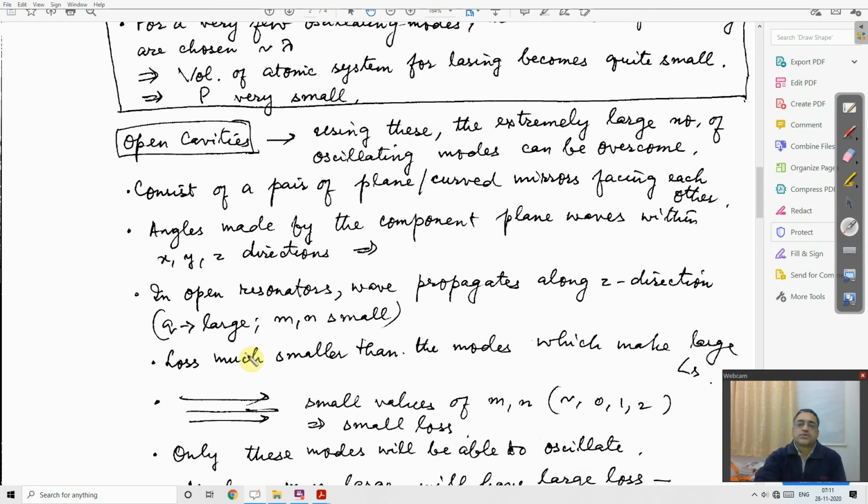because q is large, and we have the integers m and n small.